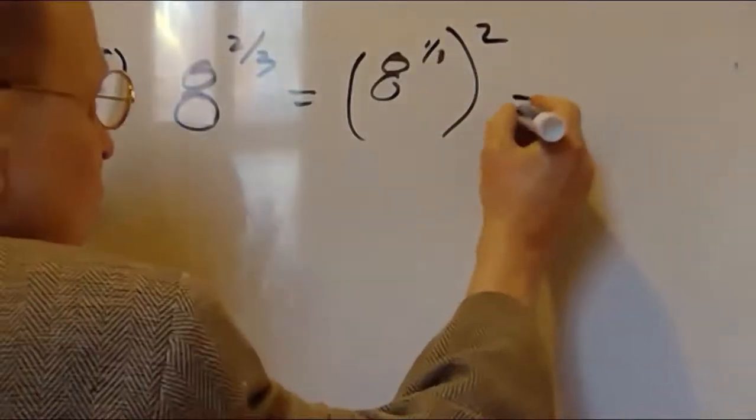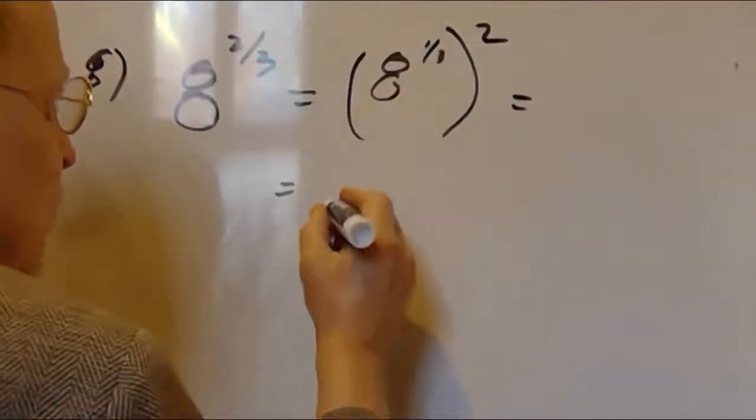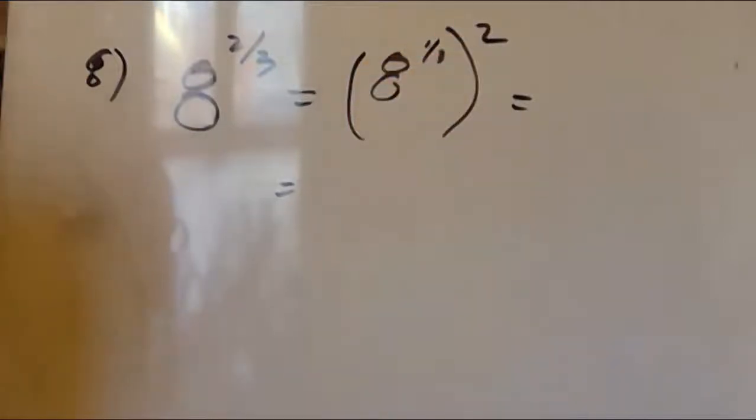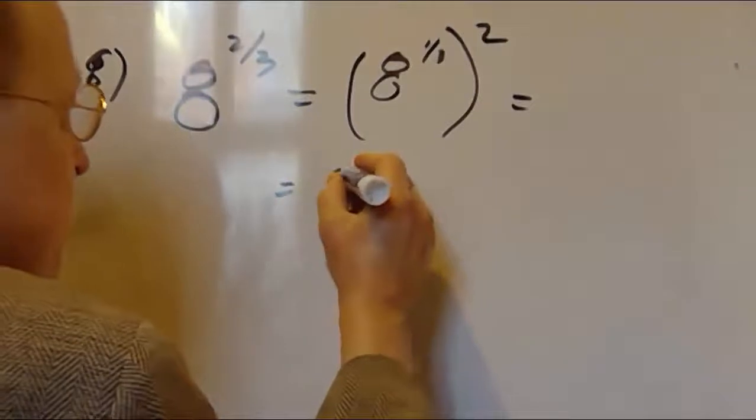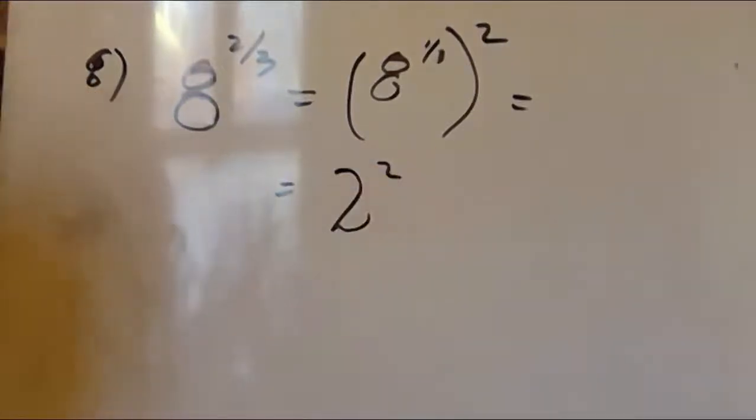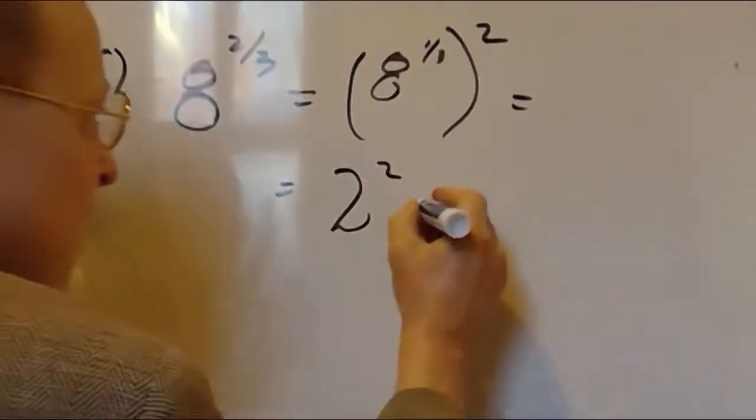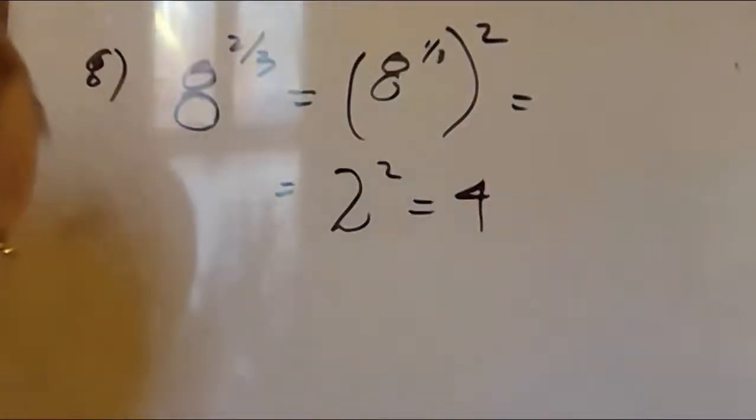Well, we know that the cubed root of 8, because that's what 8 to the 1/3 means, is 2. So now we see that it's 2 squared, and that's 4.